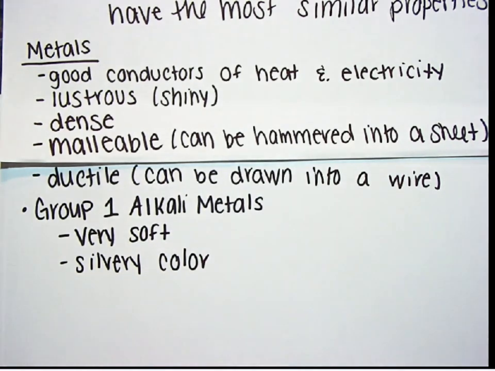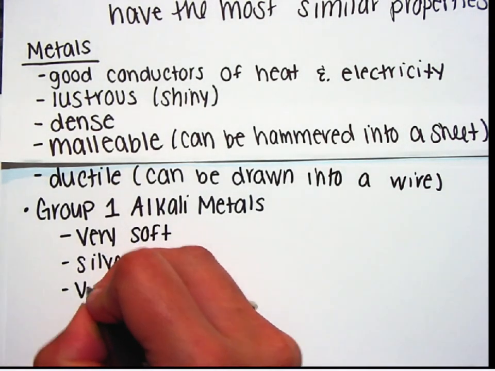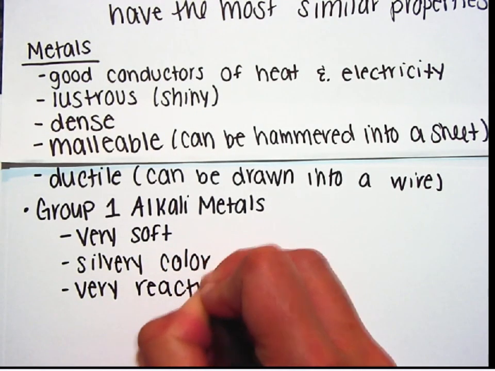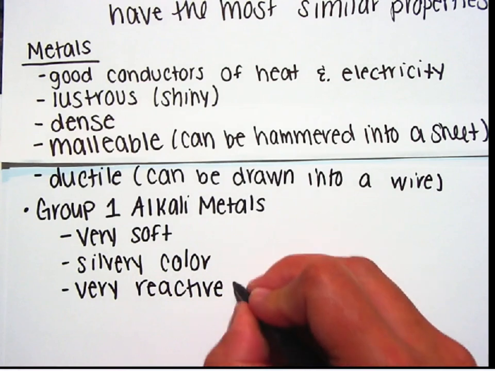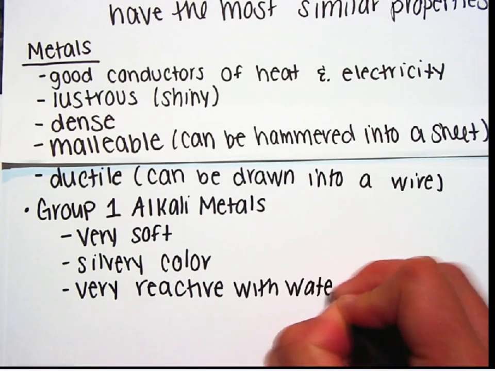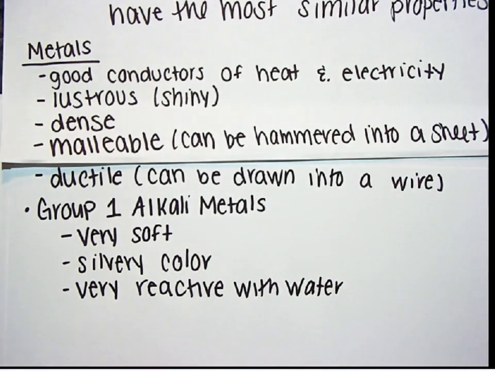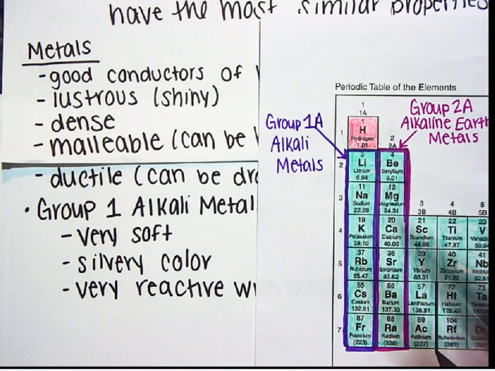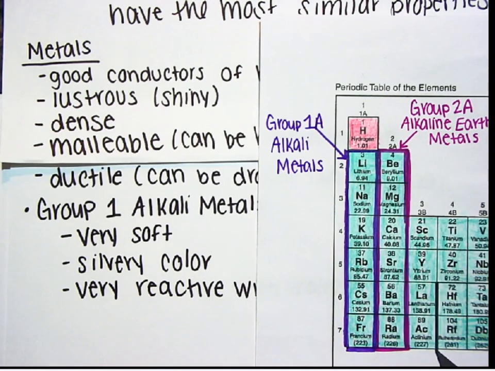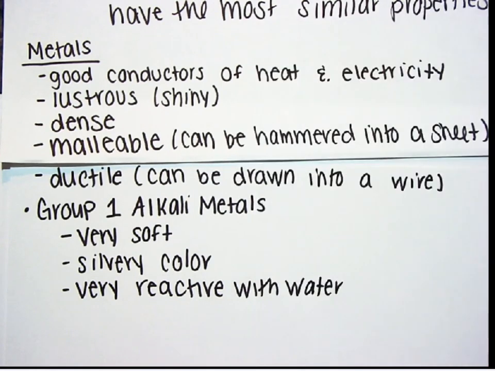They're going to, in general, have a silvery color. They are very reactive with water. So I have a demo of testing 3 group 1 metals, lithium, sodium, and potassium, and you guys can watch that to see how reactive these metals are with water.